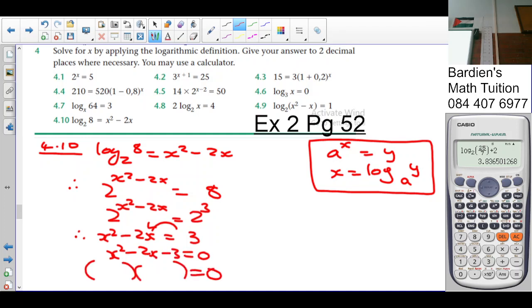Trinomial. So we got x and a 3, x and a 1. The bigger one has to be minus, so the 3 must get the minus, and plus 1. So x is equal to 3, or x is equal to negative 1.